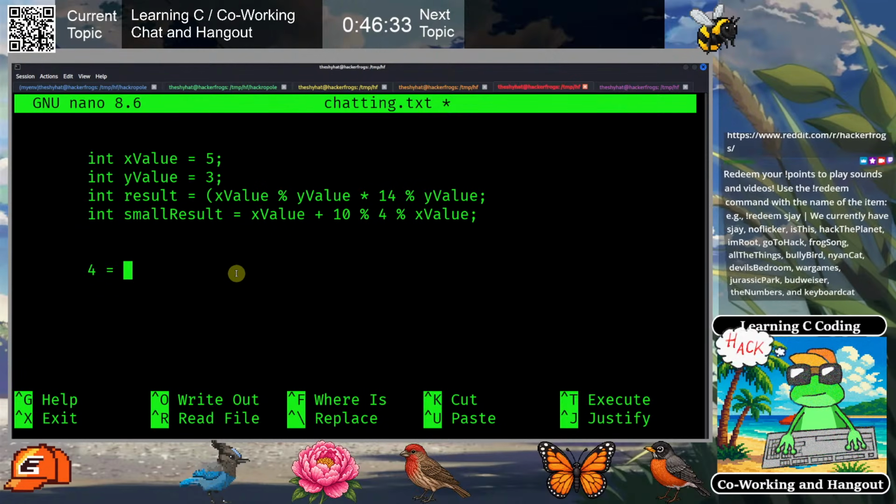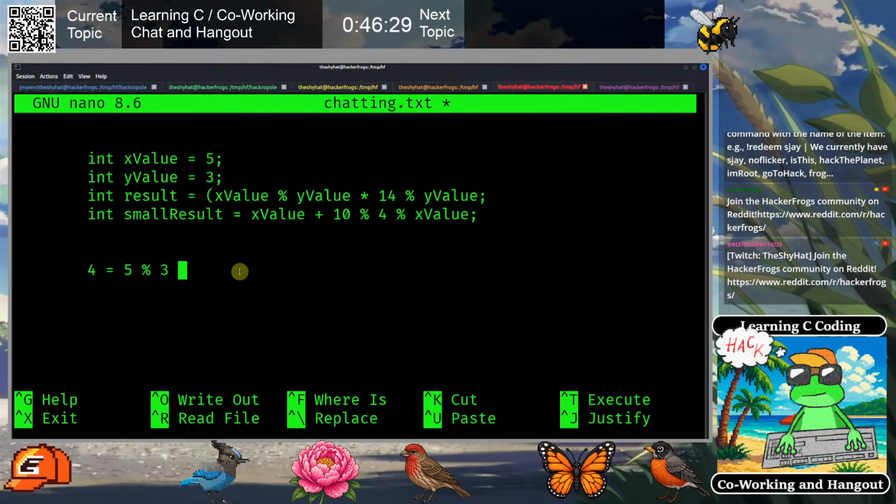X value 5, 5 modulo y value 3 times 14 modulo y value, which is 3.